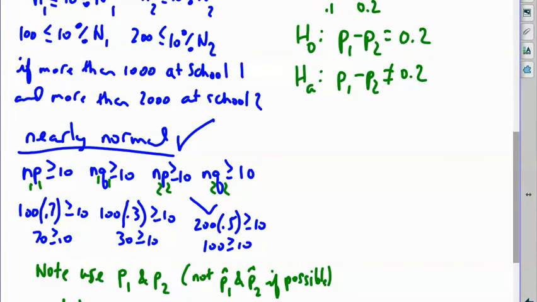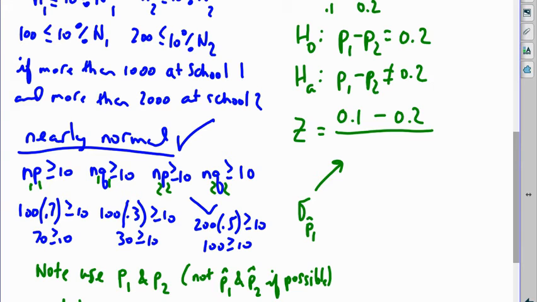Now we're going to do our z-test statistic, which is going to be the sample value, the difference of the samples, which was 0.1, minus the difference of the parameters, which is 0.2. And then I do need to get my standard error for this difference here. So this is group 1 minus group 2. So I will put into here, I am not going to pool.